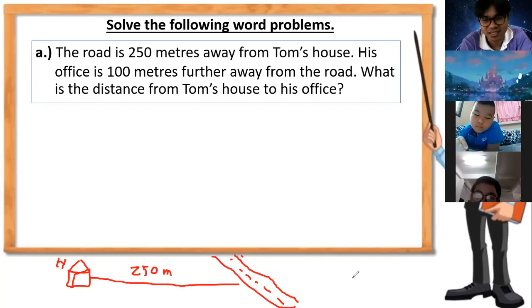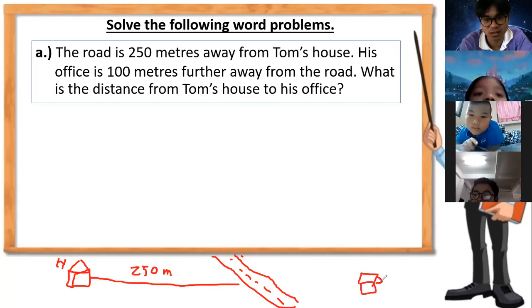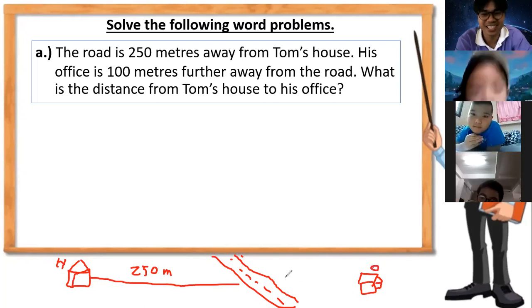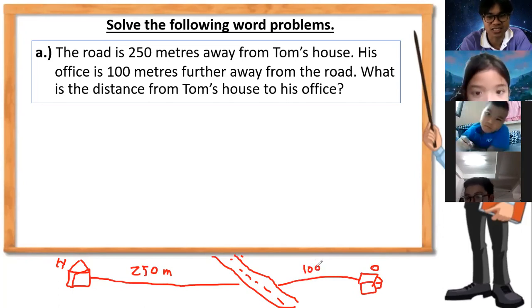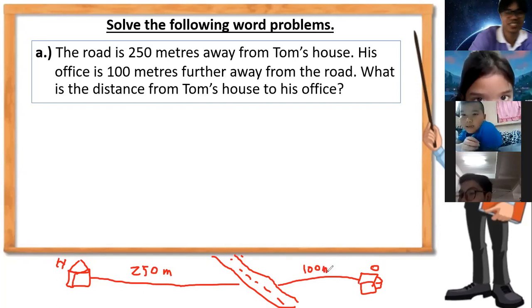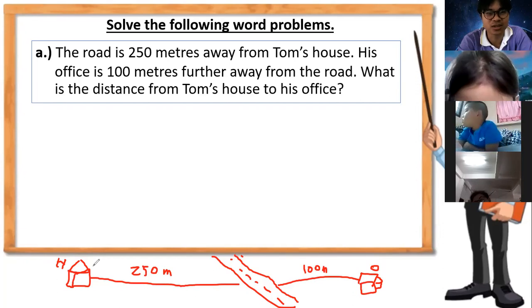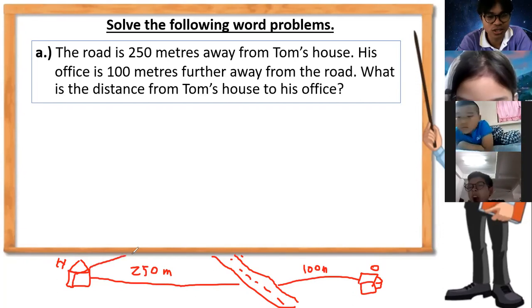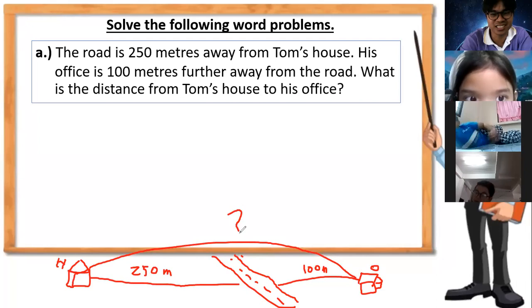And then, let's say this is the office of Tom. And the distance from the road to the office is 100 meters. Okay, look here. And the question is, what is the distance from Tom's house to his office? What is this distance?